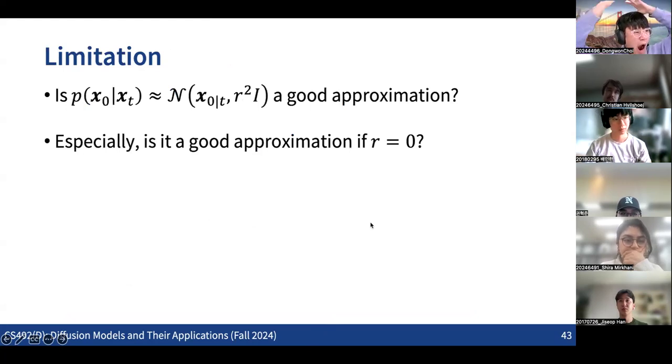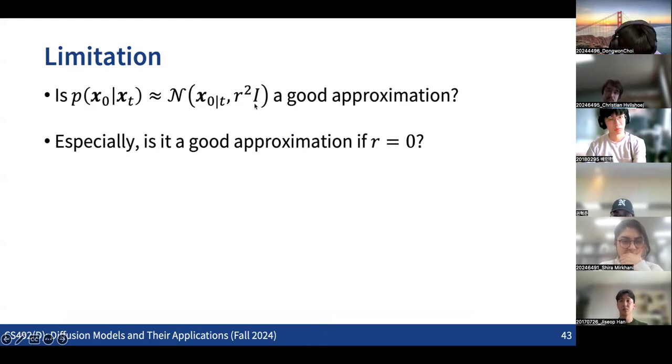But obviously, the limitation is that now we are using this approximation. We are modeling the conditional distribution of x0 given the xt as a Gaussian distribution. So now we can calculate the mean correctly using the Tweedie formulation, but the variance can be something else, right? And actually, this distribution may not be a normal distribution. It can be another type of distribution.